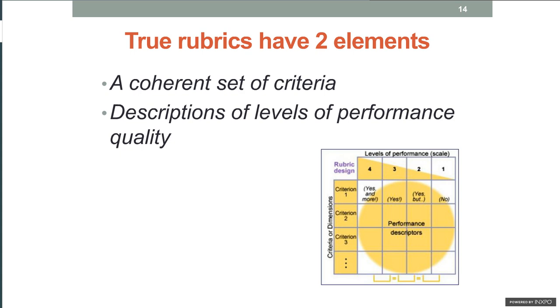But what does have to happen is you do have to have those levels of performance quality described. And the reason for that is that the students need to see what it is they're aiming for. They need to see each of those criteria as a continuum of quality, and that they're trying to give you the best quality work that they can give you.